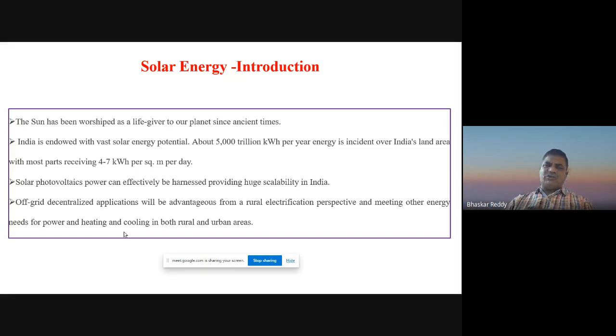Even if it is available, the quantity of coal automatically reduces and the cost of coal becomes maximum. When the cost of coal becomes maximum, the cost of generation of electrical energy becomes maximum. That's why our scientists and governments have decided to generate electrical power from sources which are not exhaustible.